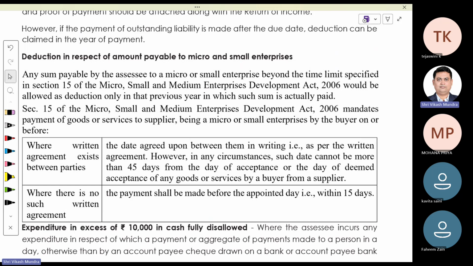Further, if there is no written agreement, payment should be made to our vendors who are micro or small enterprises within 15 days. Else, the deduction in respect of that expenditure is not available in the previous year. The deduction is available in the previous year in which the payment has been made by us.